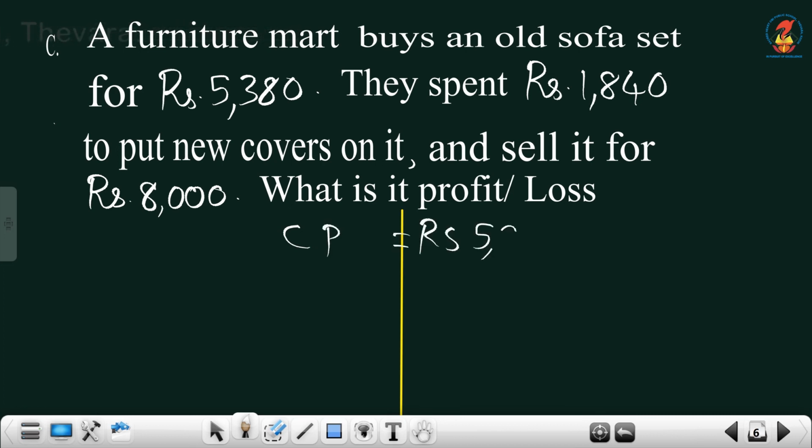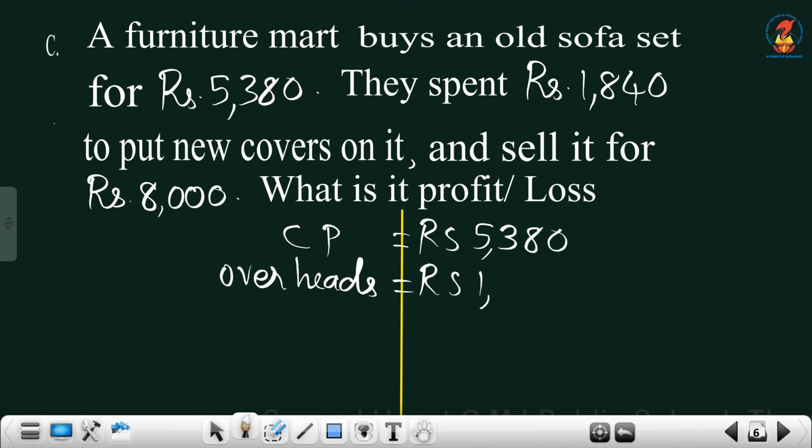Rupees 5380. He spent rupees 1840 to put new covers on it. That is his overheads. Overheads is how much? Rupees 1840. And after that the new term will come, that is called what? If overheads come, the new term, final cost, equals CP plus overheads.